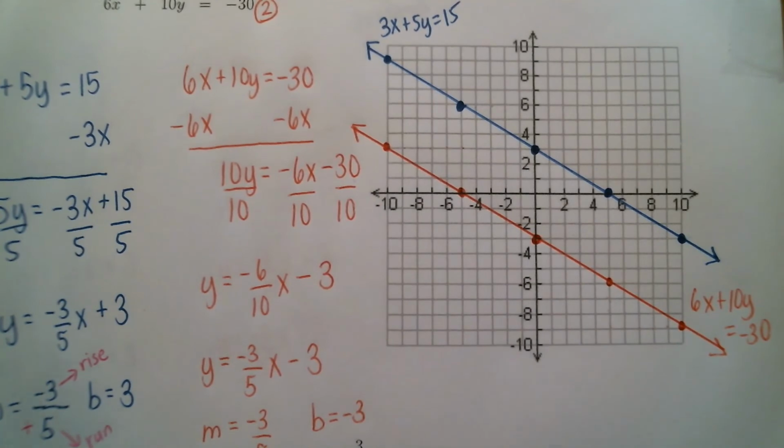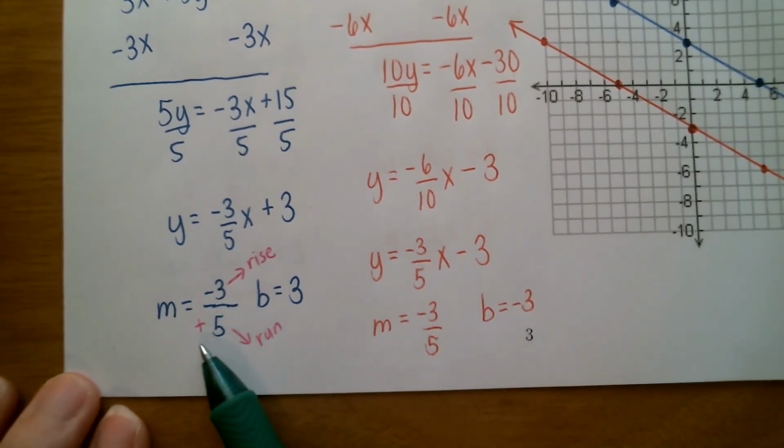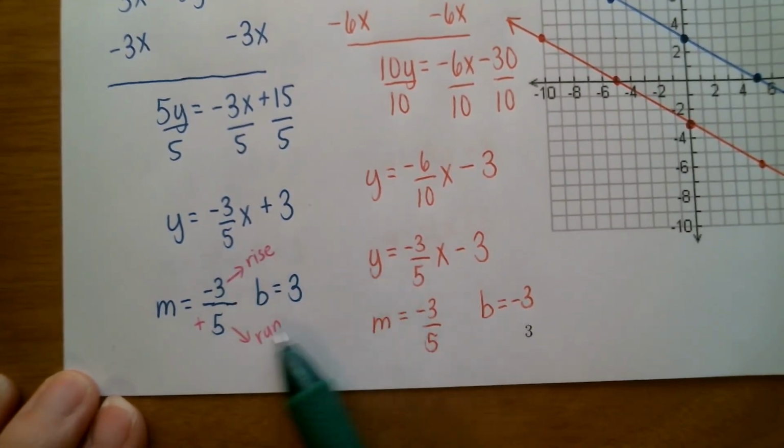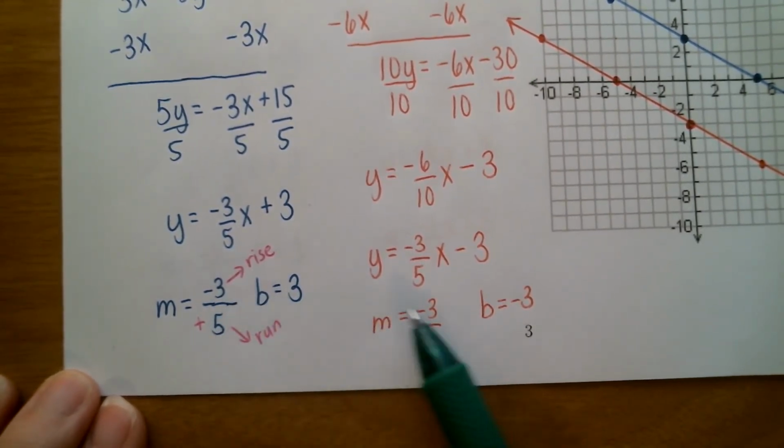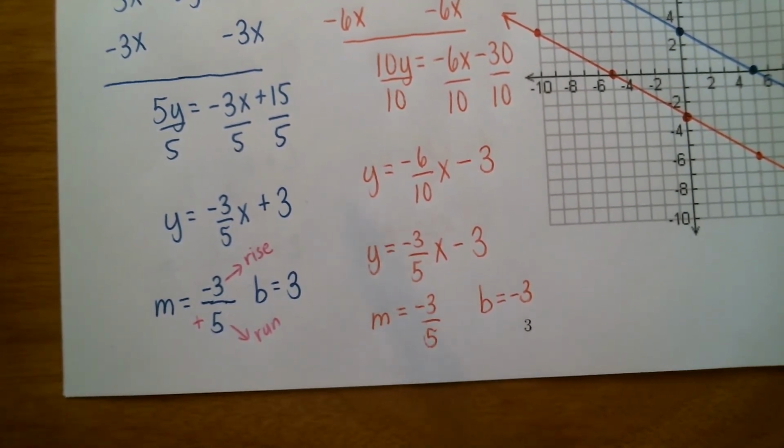If you think back to algebra, when you took algebra once upon a time, how do you identify parallel lines? Parallel lines have exactly the same slope. These lines have the same slope. Both have slope negative 3/5. But they're different lines because they do not have the same y-intercept.